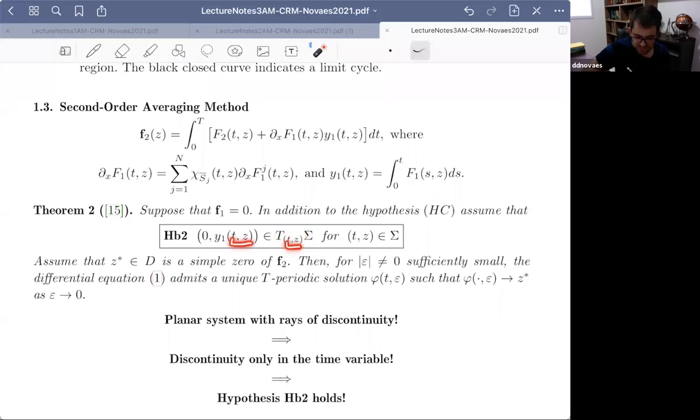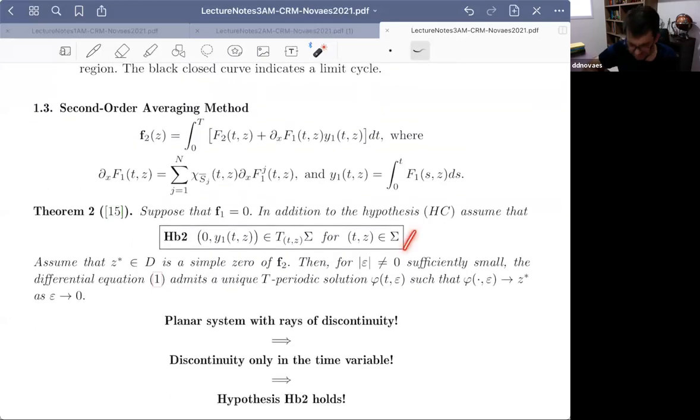It must happen for every t in sigma in order for this theorem to hold. So if this hypothesis is true, then simple zeros of F2 provide the existence of T-periodic solutions converging to z star as epsilon goes to 0.